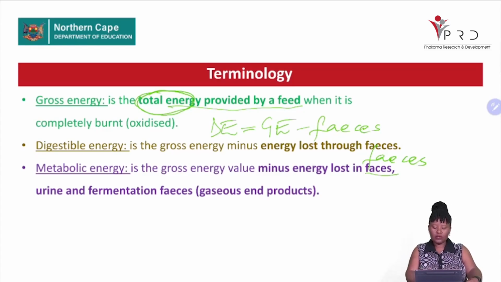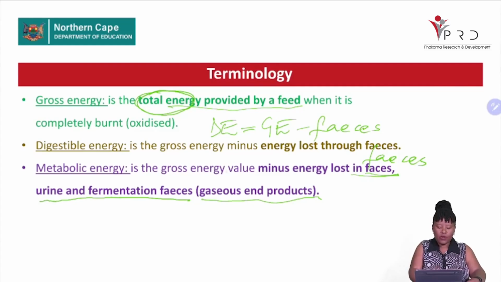So all in all, we talk about the energy that is lost in feces, in urine, and in fermentation gases. What are these gaseous end products? We are looking at carbon dioxide. At the same time, we are looking at methane. These are the gases we are looking at.